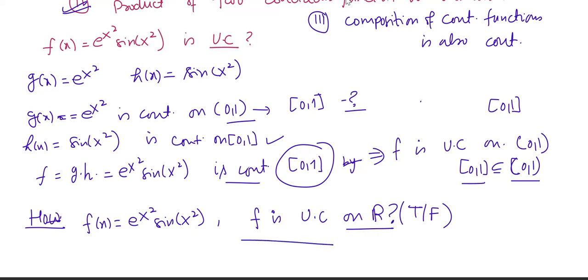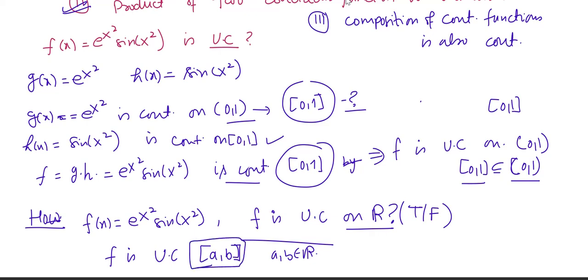We have seen that f is uniformly continuous on the closed interval a to b for any a and b in R. Since f is continuous on any closed interval, it is uniformly continuous on open intervals, and consequently for any open interval a to b, where a and b are finite, it is uniformly continuous.